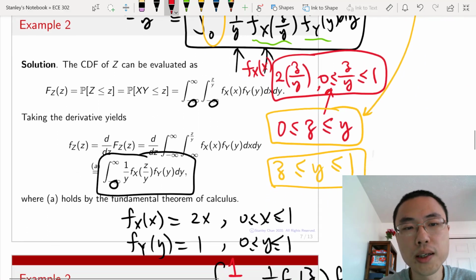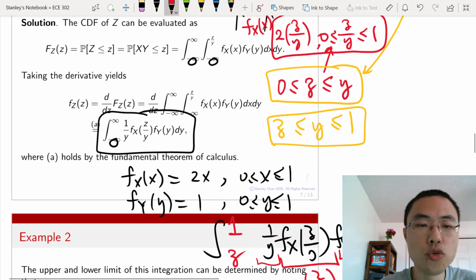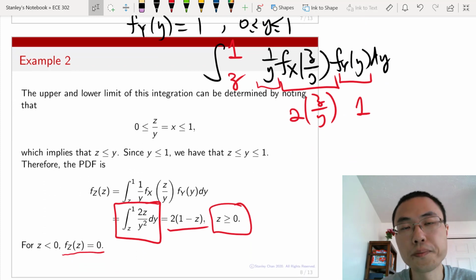By the time you plug in the specific form of fx and fy, you need to care about the limit. The limit needs to be carefully determined. And then you plug this in, then you will be able to calculate the PDF. The rest is just calculus.